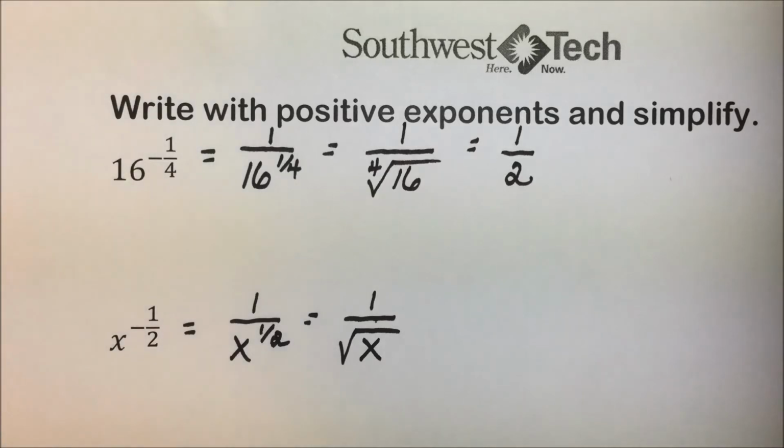Since we don't know any value for x, we'll leave this as our solution. There is sometimes a proper form of simplifying a denominator that has a radical in it. We call this rationalizing the denominator, and we'll talk about that later. For right now, we'll leave it as is.